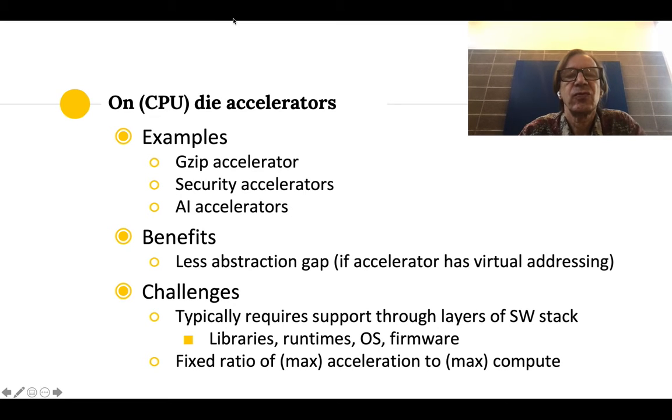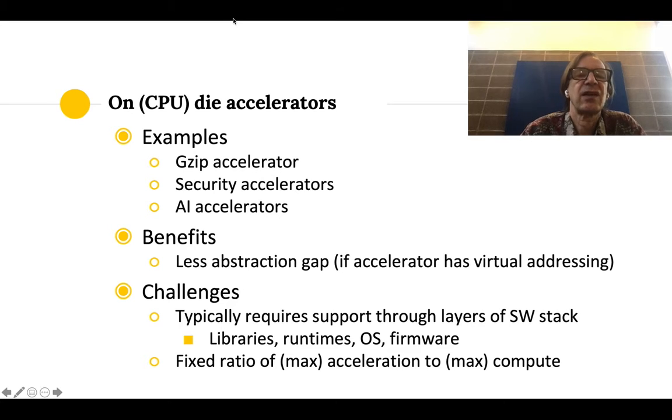Another place to integrate an accelerator is on the CPU die. I mentioned gzip accelerators before, which are now becoming more commonplace as an integrated unit within the CPU. And here I differentiate between in-core and on-die accelerators.